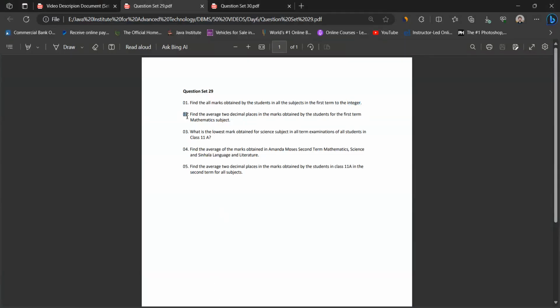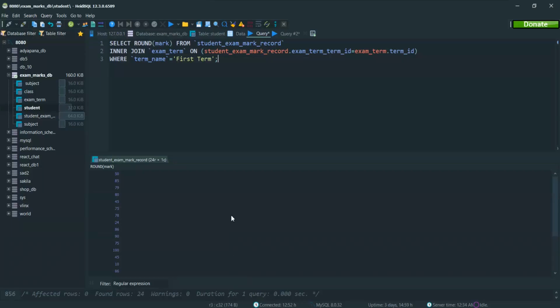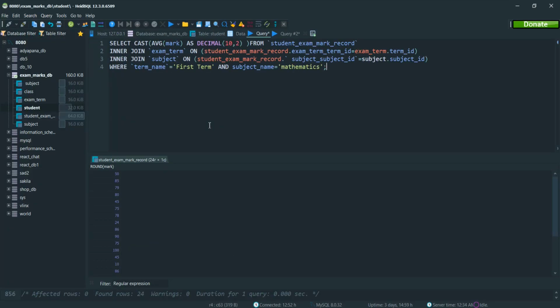Second question: find the average, to 2 decimal places, of the marks obtained by the students for the first term mathematics subject. So here we have used the average or AVG function along with the cast.